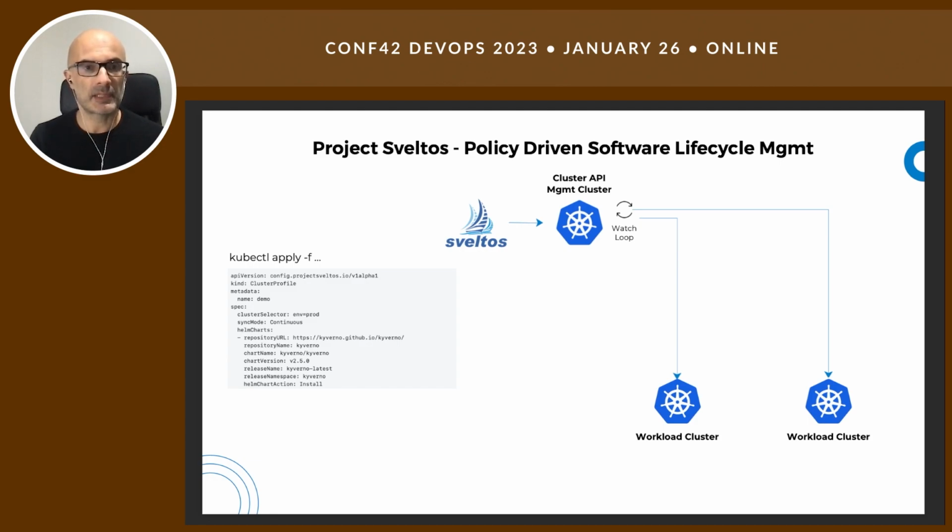In this case, this cluster profile is telling Sveltos to select any cluster that has the label environment production. And this cluster profile is also instructing Sveltos to deploy Kyverno Helm chart version 2.5.0 in any such cluster.